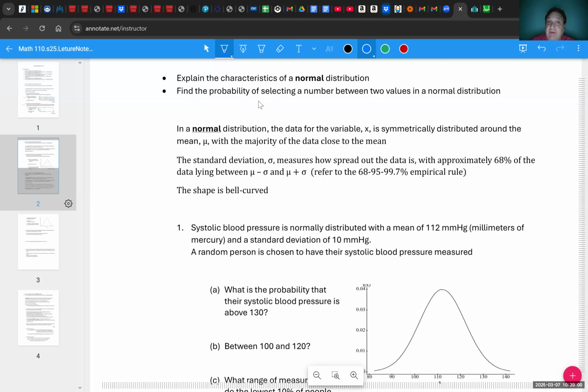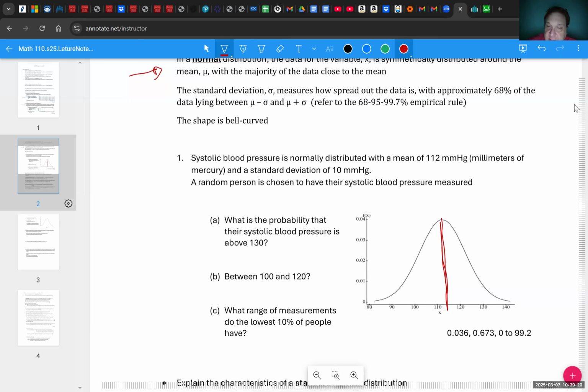All right, so a normal distribution. Right here I have a description of it. A normal distribution for the variable x is symmetrically distributed around the mean. So the mean is always in the center. We call this the mean, and if you remember the nomenclature, we write that with the mu symbol.